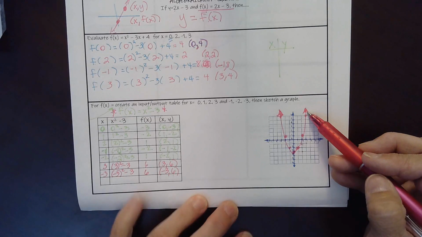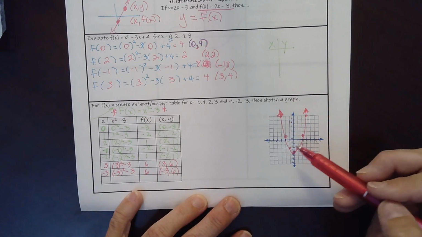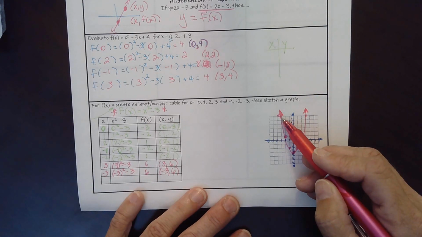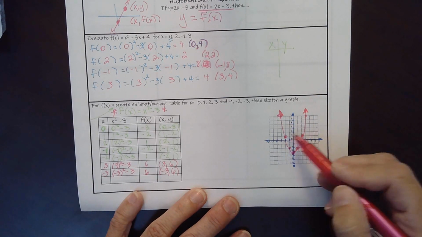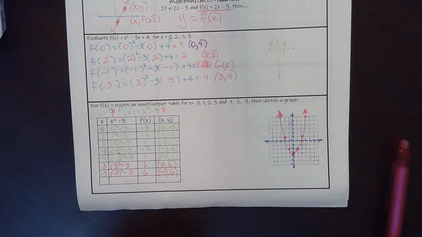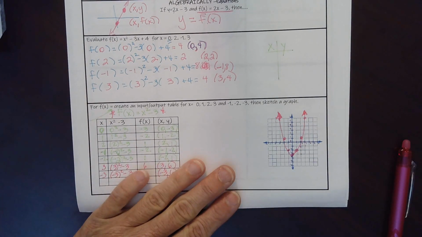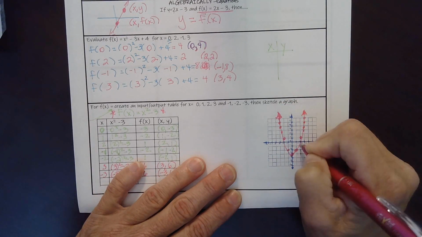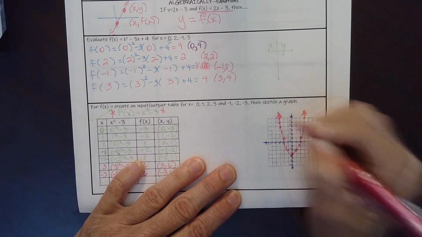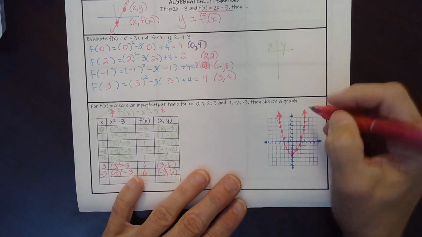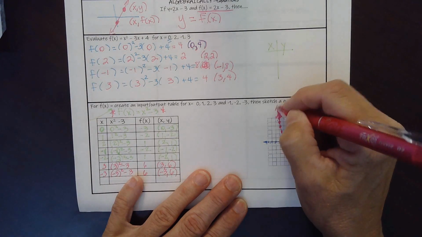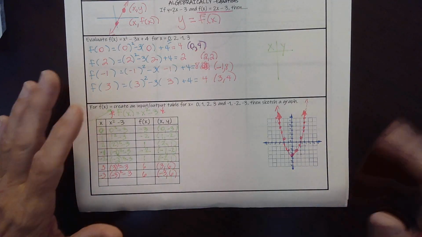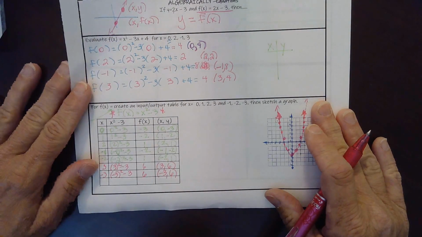The arrows indicate that this function continues and does not just include the 7 points that I've included. This parabola includes all of the points that are on this graph, including the ones that would go on infinitely. All right, so that concludes this portion of the lesson. This is going to conclude part 1 of lesson 1.